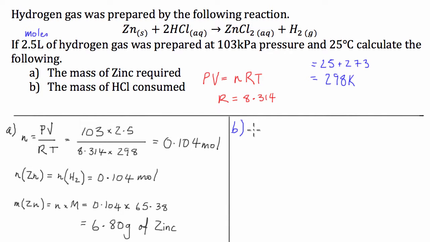So we can say that the number of moles of hydrochloric acid is equal to 2 times the number of moles of hydrogen gas.